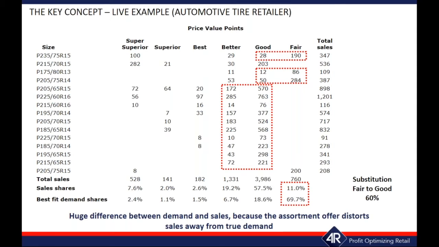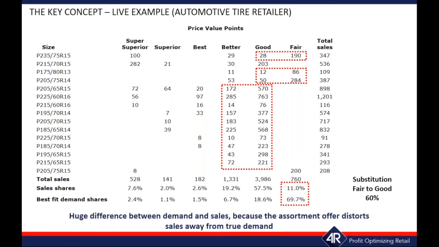How do we know that? Well, look at those instances of good versus better, where you don't offer the cheapest tire. Good outsells better, something like 3 to 1, right? Where that cheapest tire fair is offered, the ratio good to better is about 1 to 1.